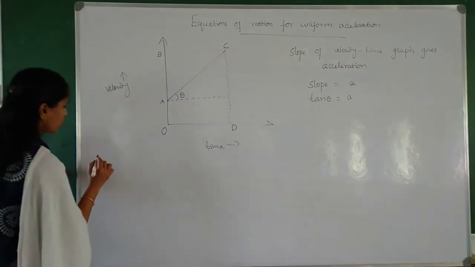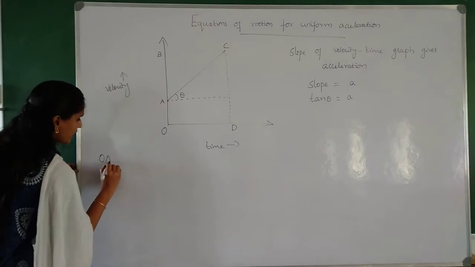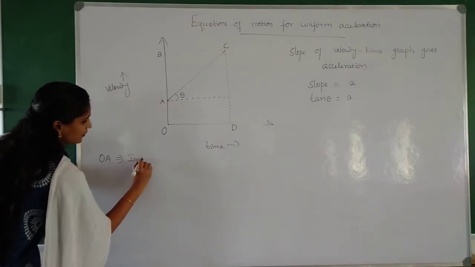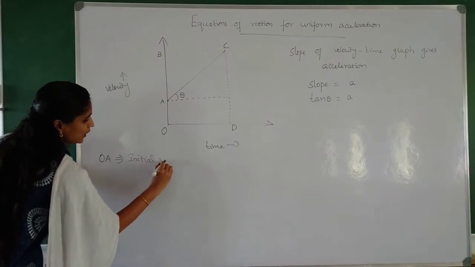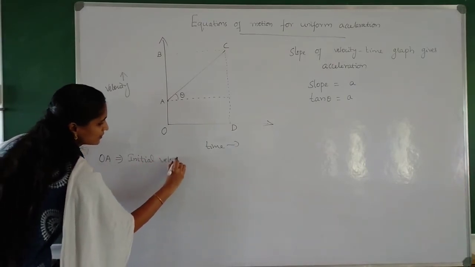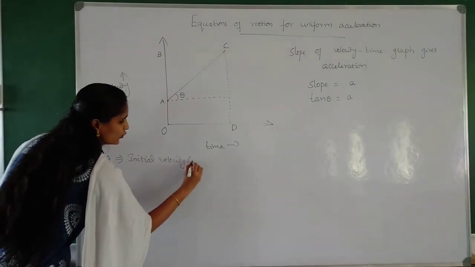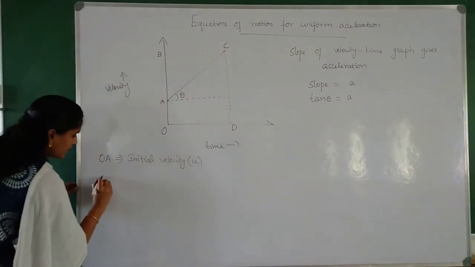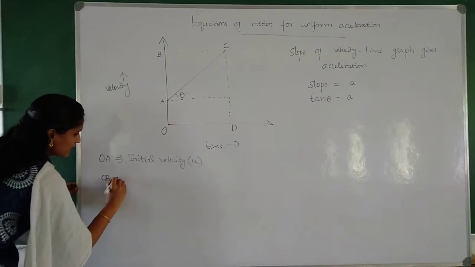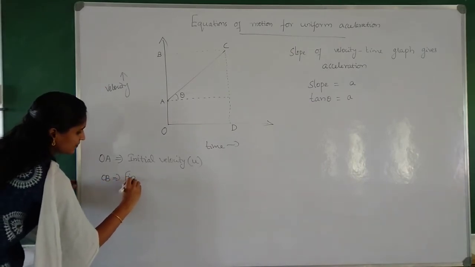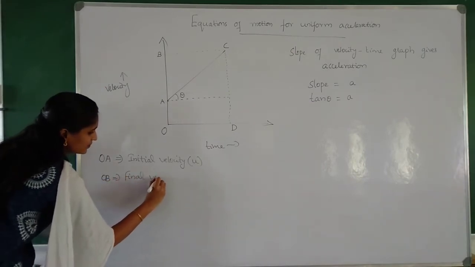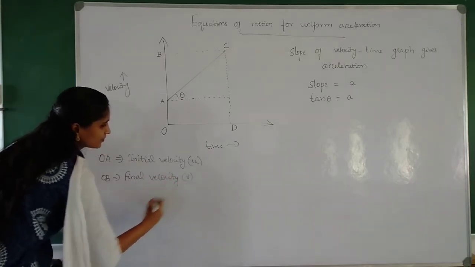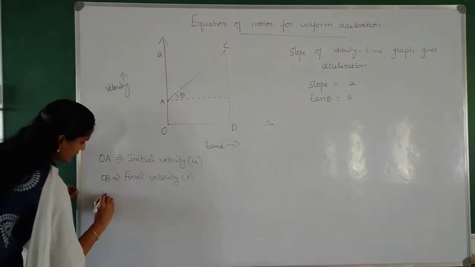So OA is the initial velocity, equal to U, OB is the final velocity V, and OD is the time taken.